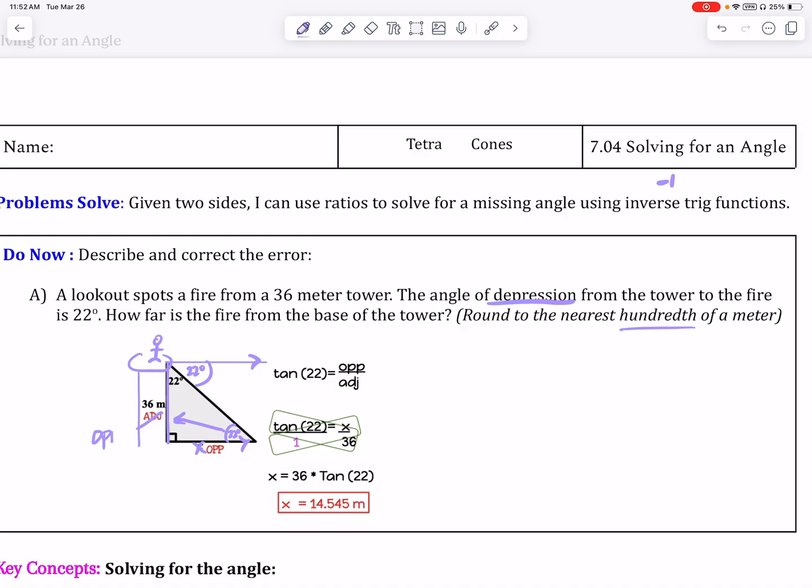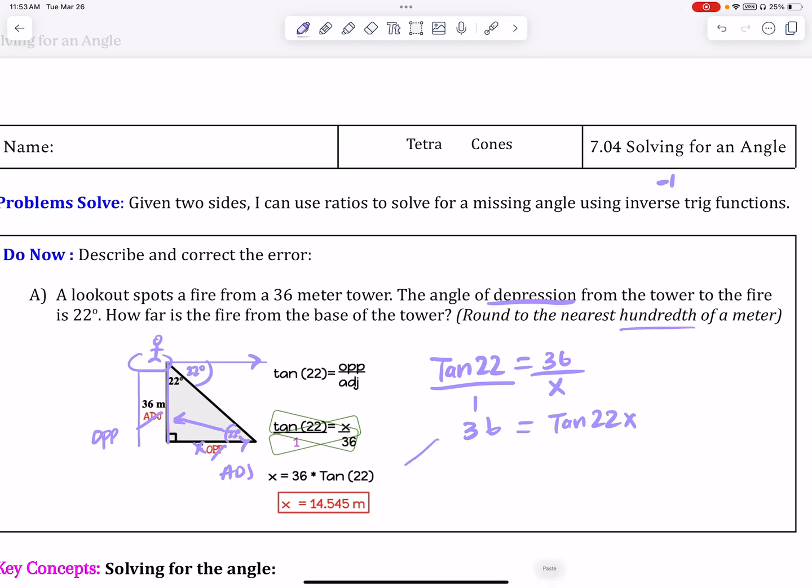This should be opposite, and this should be adjacent. So tan of 22 is equal to 36 over x. We're going to cross multiply, and we get tan 22 x is equal to 36.